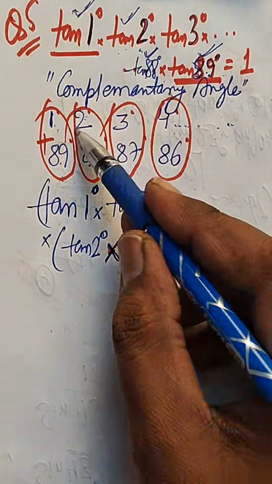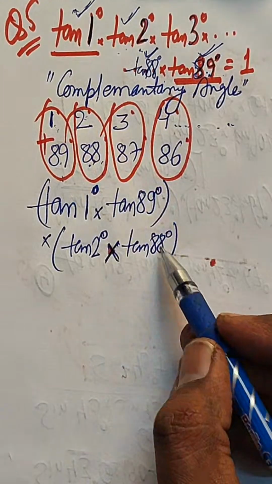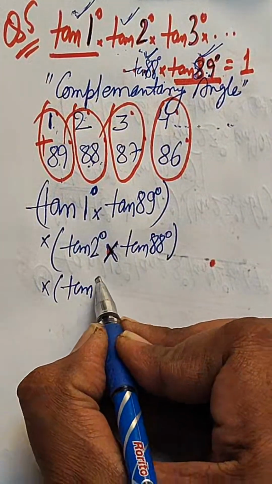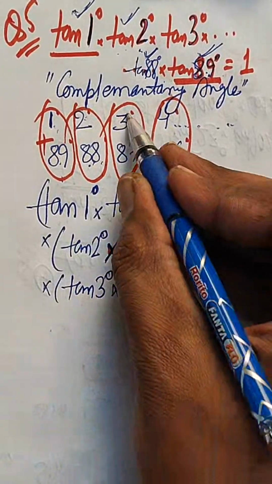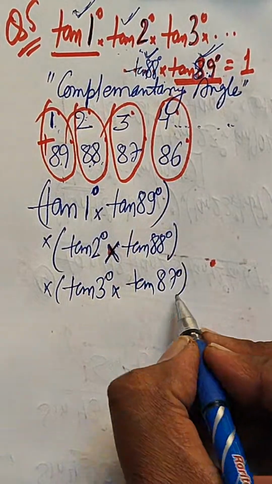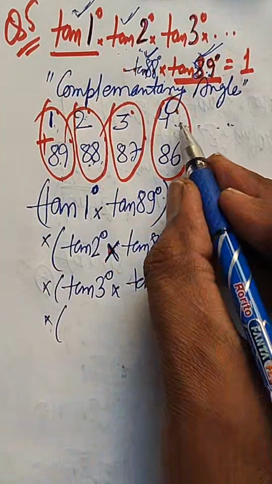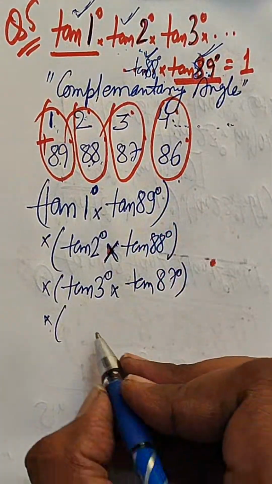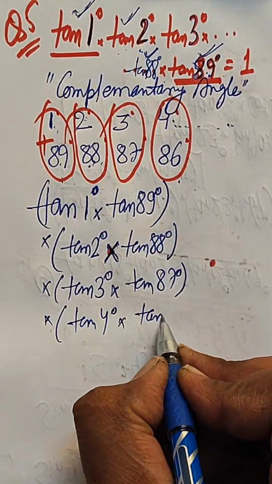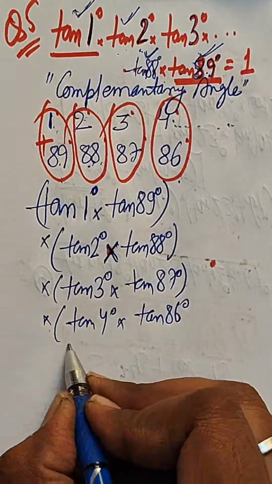So we are using the complementary angle concepts over here, and just making pairs of angles which are complementary. Similarly, tan 3 degree and tan 87 degree. Again, tan 4 degree, tan 86 degree. Like that.